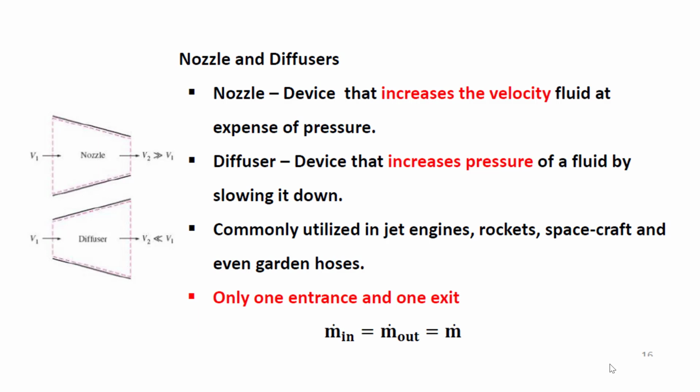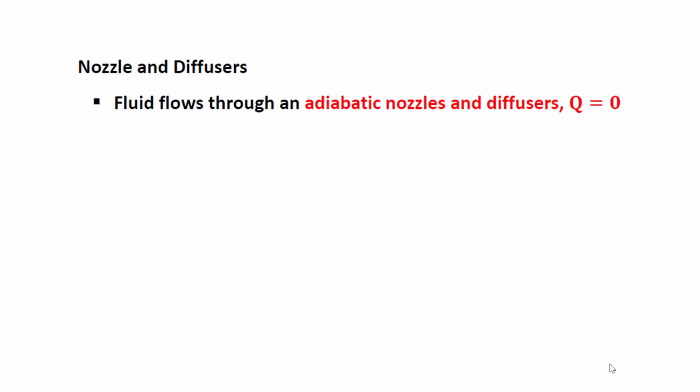Since these devices are an application of the first law, it is known to us that the mass flow rate m dot is conserved throughout the entire process. For nozzle and diffuser, the process of fluid flow through the chamber is considered adiabatic, where no heat transfer occurs, so Q is equal to 0.